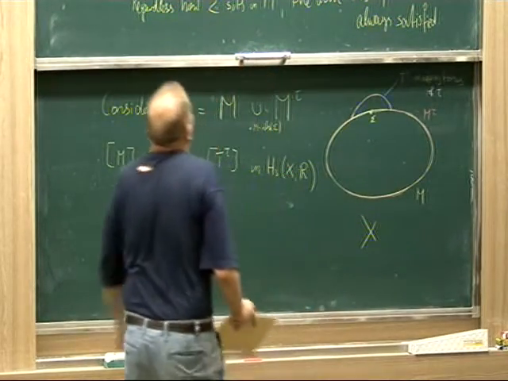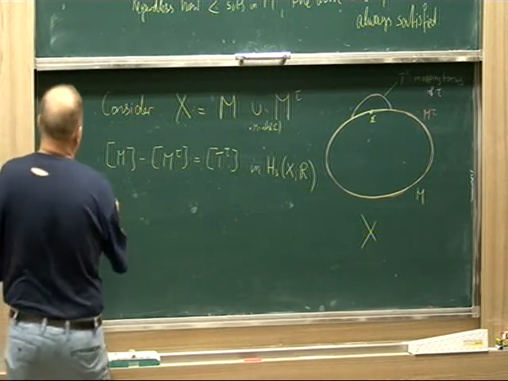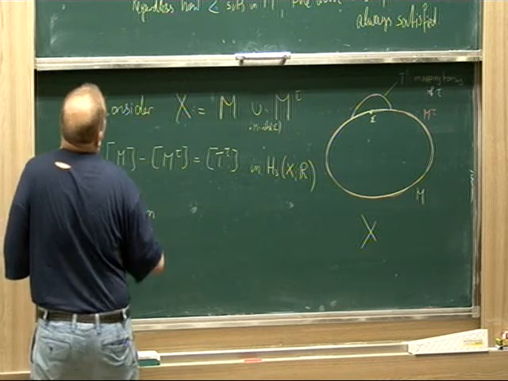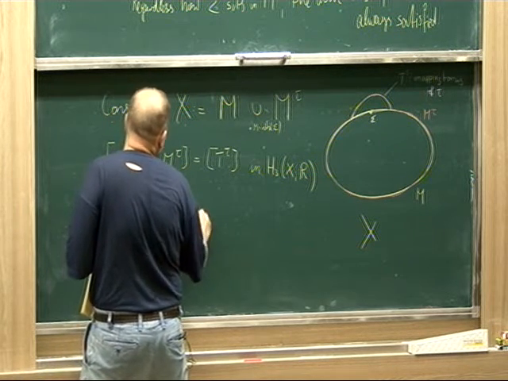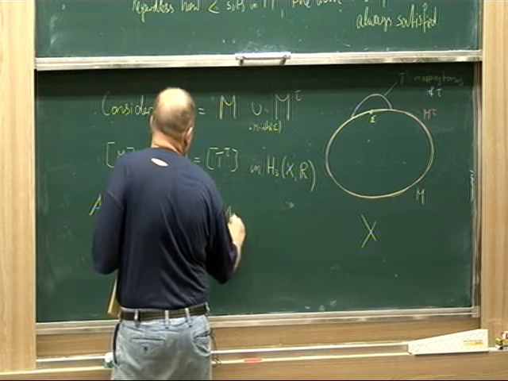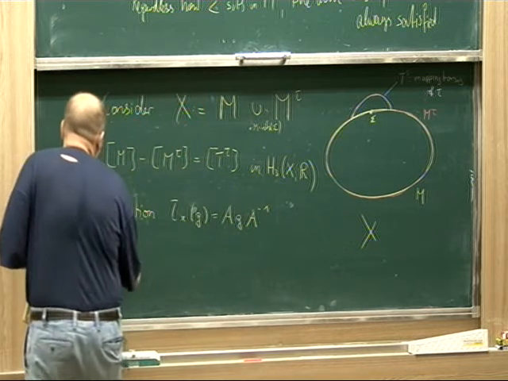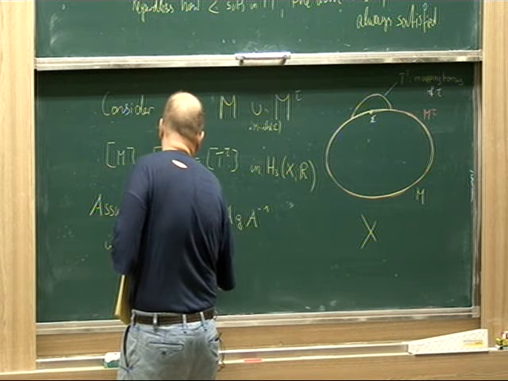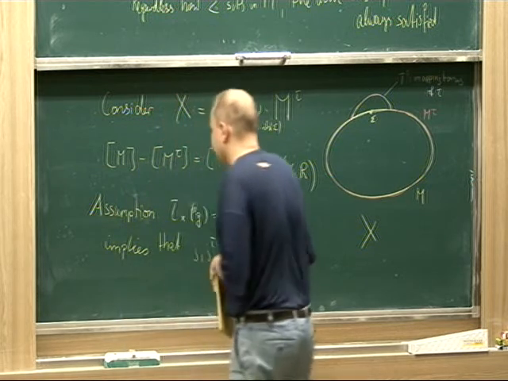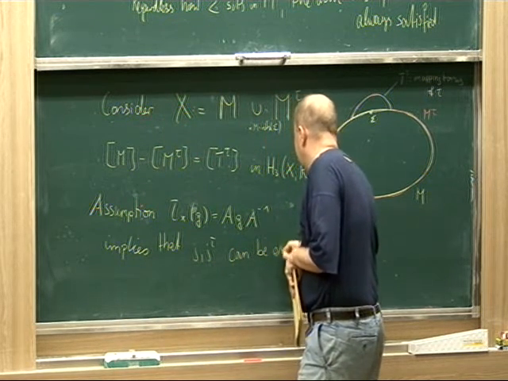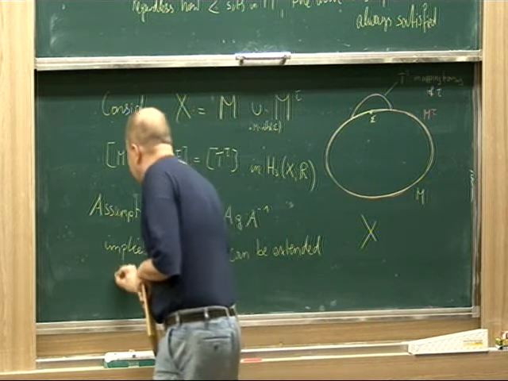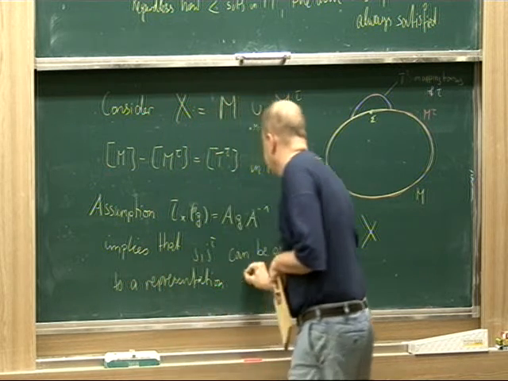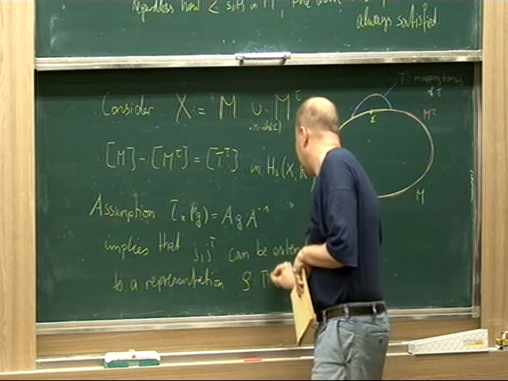And how this assumption enters the proof is that if we assume the existence of some element which realizes, so to say, tau by conjugation, this is exactly what one needs to show that J and J tau can be extended to a representation of pi1 of X.